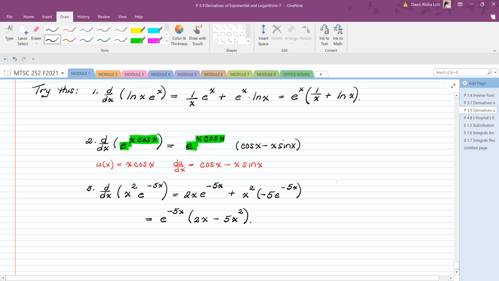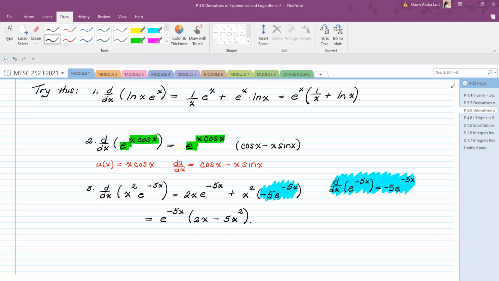The derivative with respect to x of e^(-5x) is -5 e^(-5x), so that went in here. Then I just simplified, pulling e^(-5x) out of both terms. Eric, does that make sense? Yes. Okay.